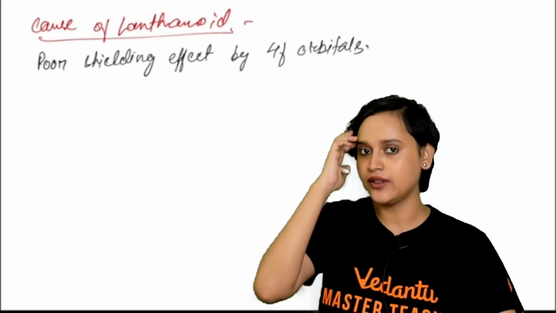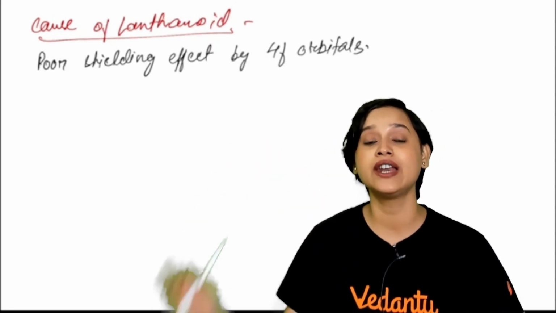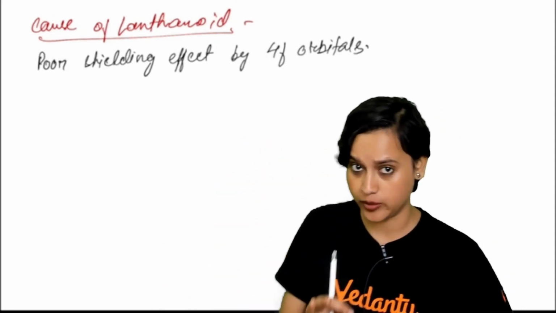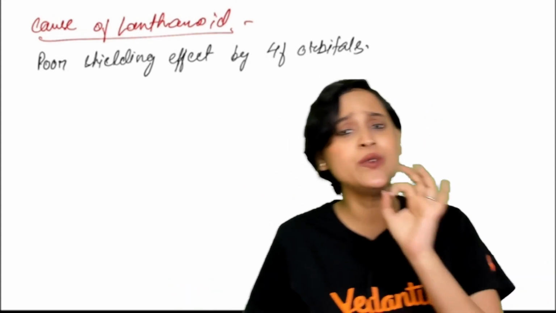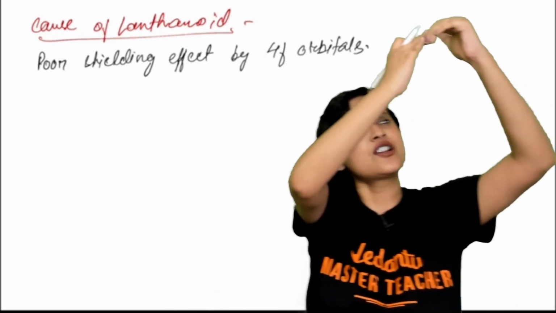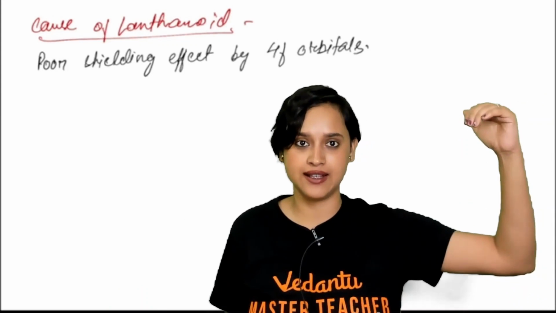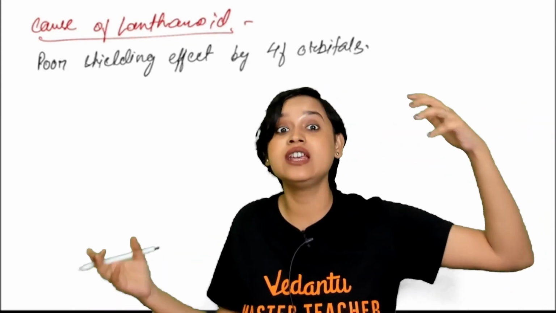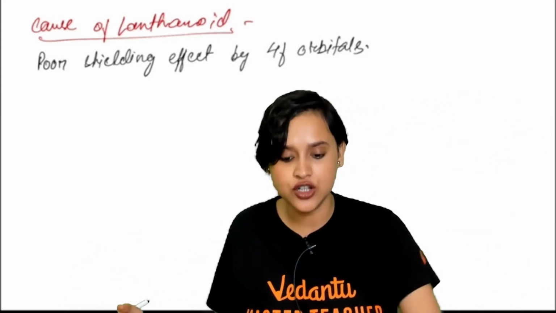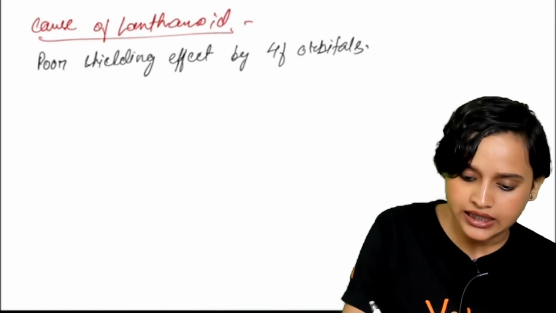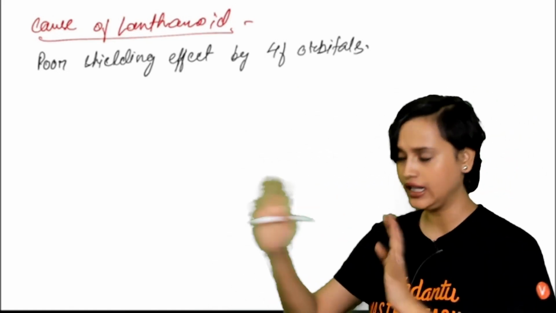All of them have very poor shielding effect by 4f orbitals, which is why we see a constant decrease in size, and the size decreases very nicely. I will show you the graph in some time.